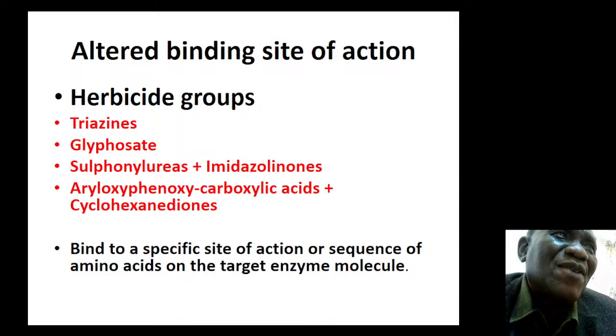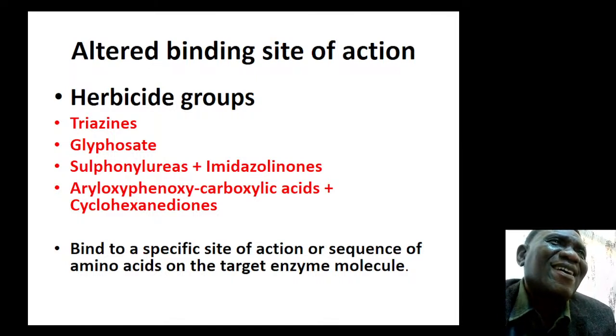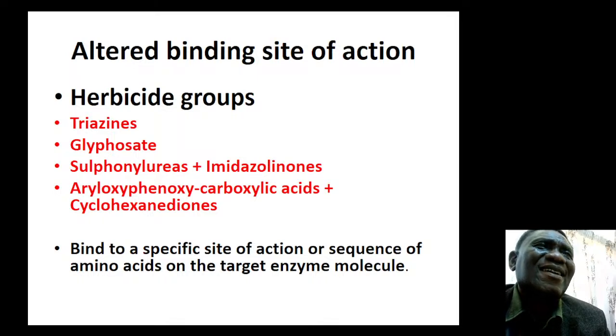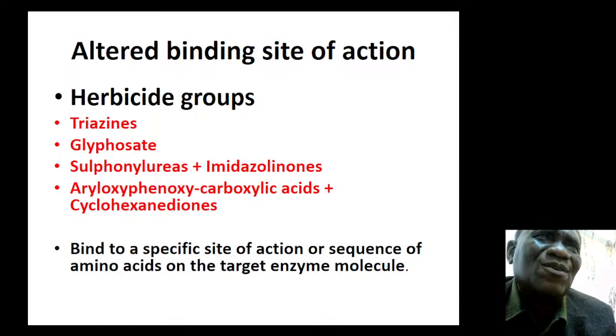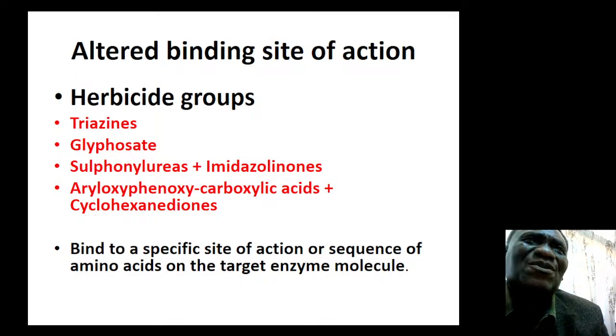Sometimes we shorten aryloxyphenoxy carboxylic acids, we just call them the FOPs, F-O-P-S. Cyclohexanediones, we just call them the DIMs, D-I-M-S in short, if you don't want to memorize these things. So these herbicides bind to a specific site of action or sequence of amino acids on the target enzyme molecule.